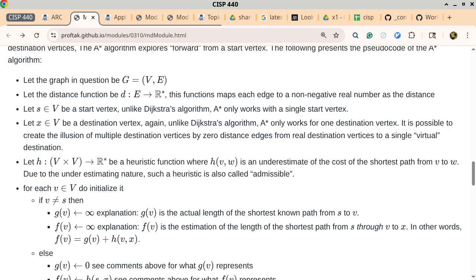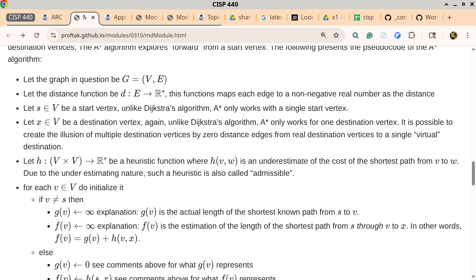And then we have the heuristic function, like we talked about earlier. Even though we usually define it like this, we don't really need the entire V set as the right-hand side of the Cartesian product. We can just use the set that contains just the destination as the second part. So that would work just fine. All right.